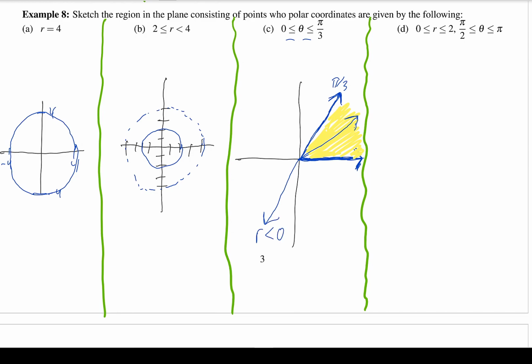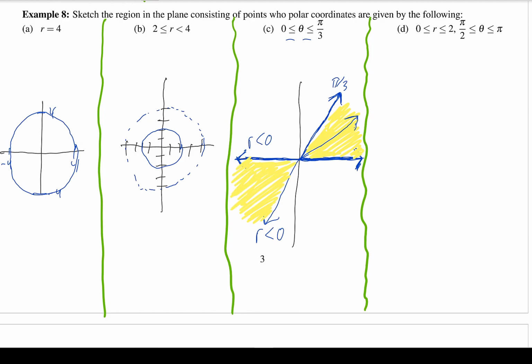So I have to include everything on this line. Well, what if theta was equal to 0, but r was negative? That means I'd have to travel along this line right here. So this is again when r is less than 0. And so I have to include everything in between these two lines, so I'm also going to include everything in this region.